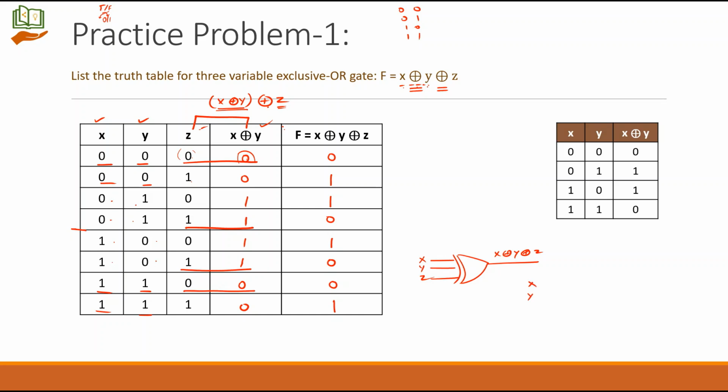At a stage you will consider only 2 inputs here, X and Y. So for this X and Y we will have one XOR gate, and this will be X XOR Y. When you have this particular input line and another input line for Z, this will become another XOR gate, and ultimately you will have X XOR Y XOR Z.